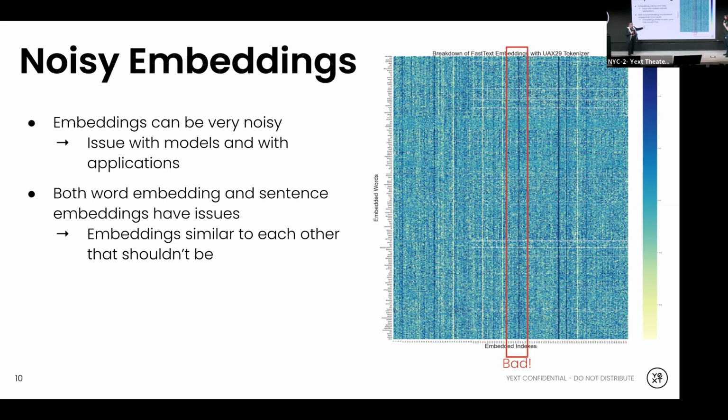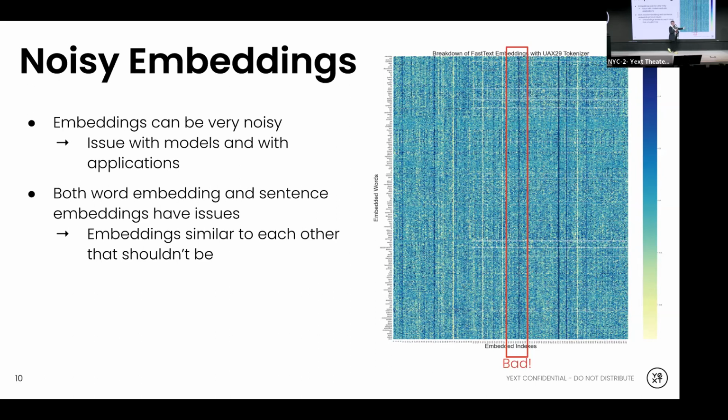The thing is, both word embeddings and sentence embeddings, like BERT embeddings, have these same problems. And some of the issues we see are things like embeddings being really similar to each other that shouldn't be. And that's one of the things that we actually see here. This is a heat map of a bunch of different word embeddings embedded with fastText. And these big vertical lines you see in a bunch of these places are where the word embeddings at different indices for a bunch of these different words have similar or the exact same number.